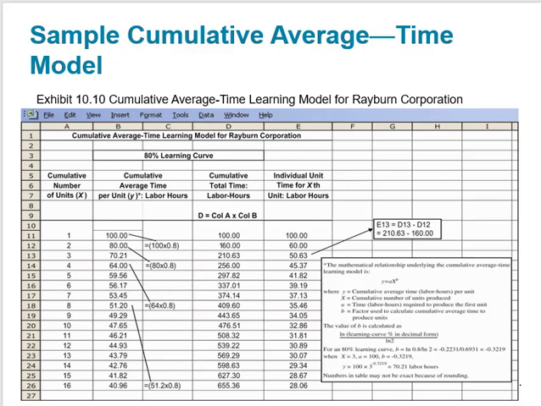As the number of units produced doubles from 1 to 2, the cumulative average time declines from 100 hours to 80% of 100 hours. And as the number of units goes from 2 to 4, the cumulative average time per unit declines to 80% of 80 hours, or 64 hours. Okay, so it actually works.